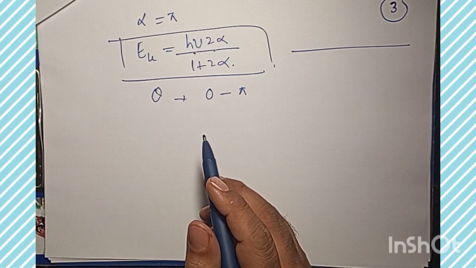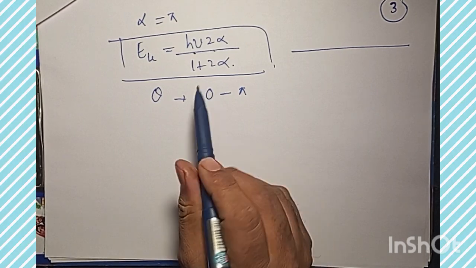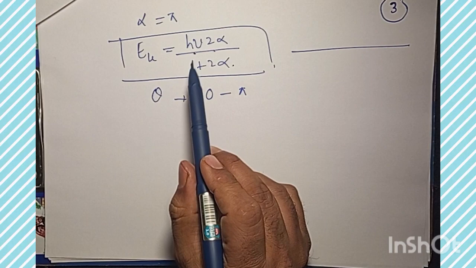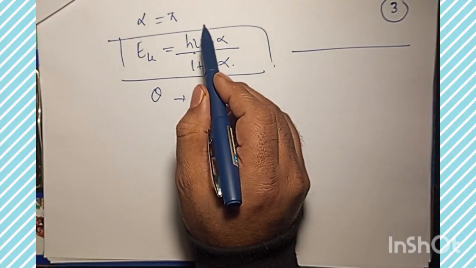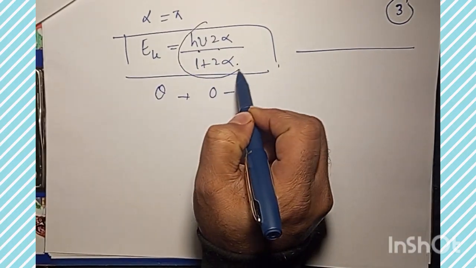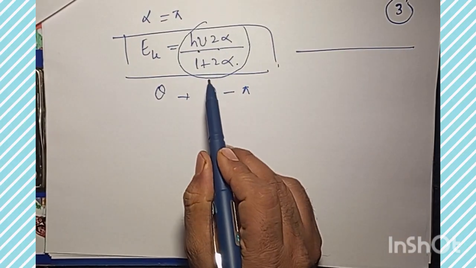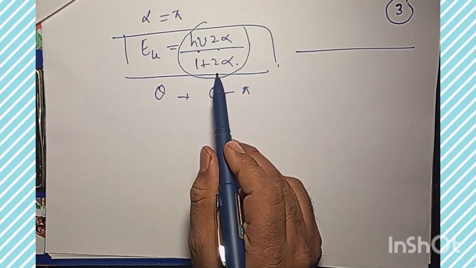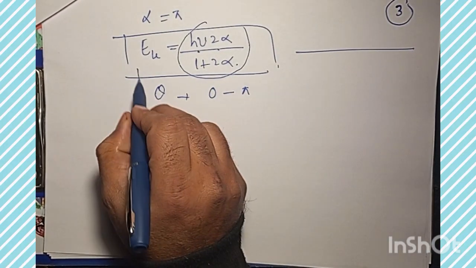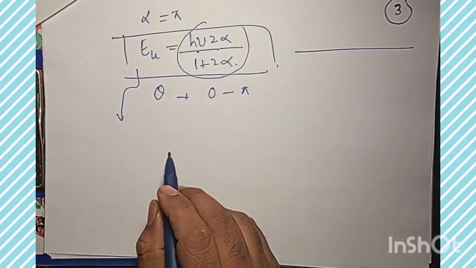Right. So what do we conclude from here? Thus we can say that the maximum energy that the recoil electron can have is h nu times 2 alpha divided by 1 plus 2 alpha. Now, how can we translate it into something significant?